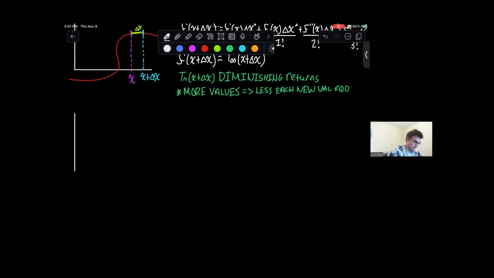Now remember, when we do our Taylor series, it fits an nth order polynomial to our graph. So let's say we had something like a sine curve going on.